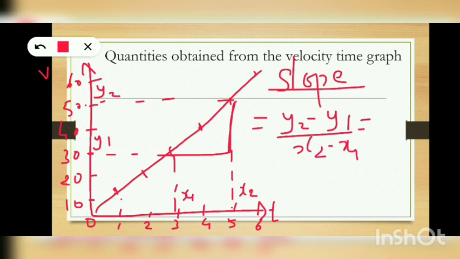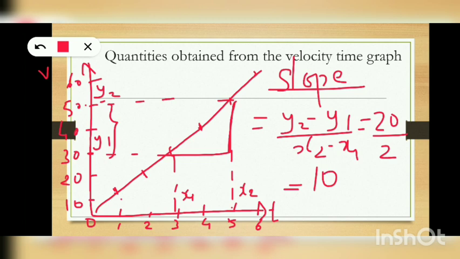So what is y2 minus y1? y2 minus y1 is this difference: 50 minus 30, that is 20, divided by x2 minus x1. x2 minus x1 is 5 minus 3, that is 2, equal to 10. So the slope of the graph is 10.